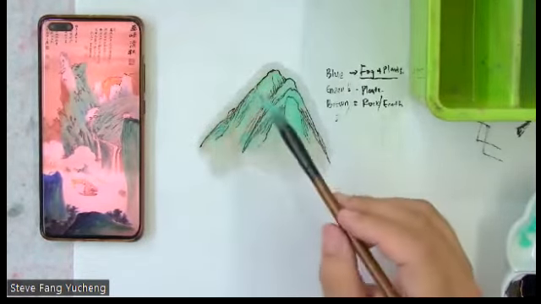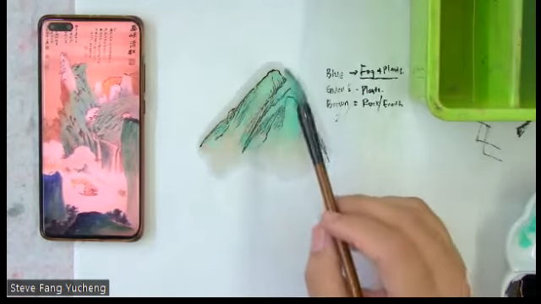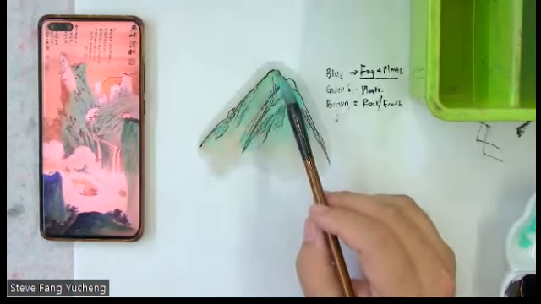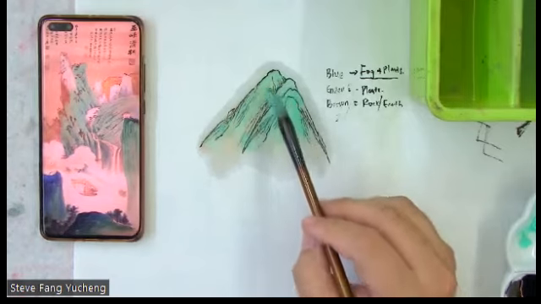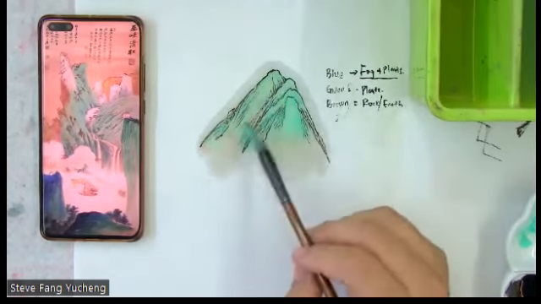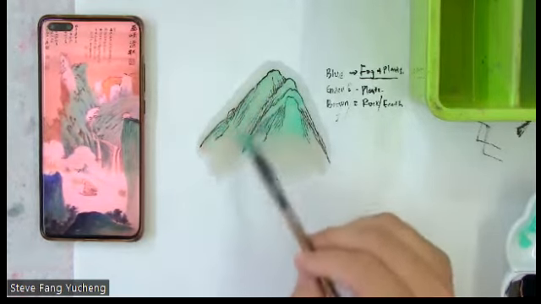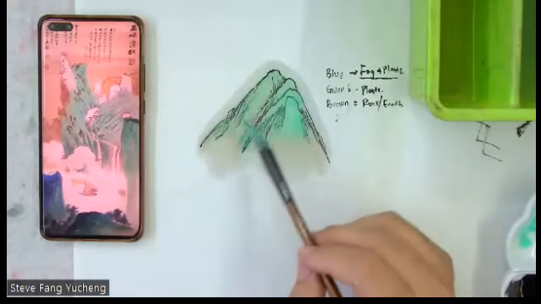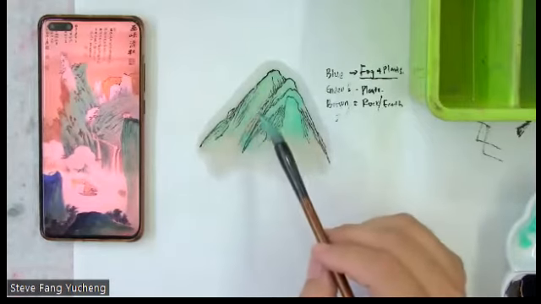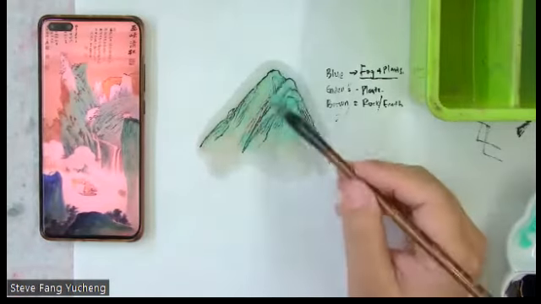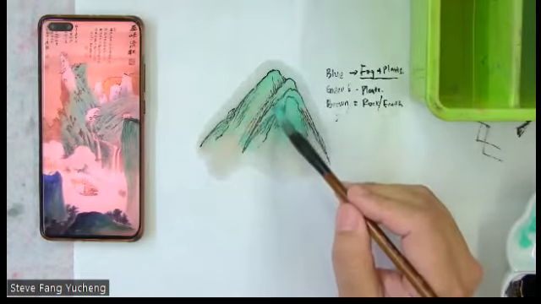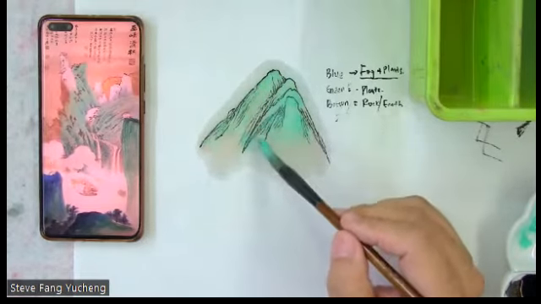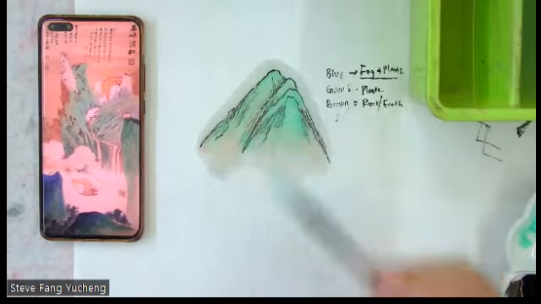But if you do a bigger painting, it's very clear, because when you're coloring one tip at the top of the mountain, the bottom of the mountain, this part, actually has no green color, so it still shows more brown color inside. So that's why we need to color one by one.